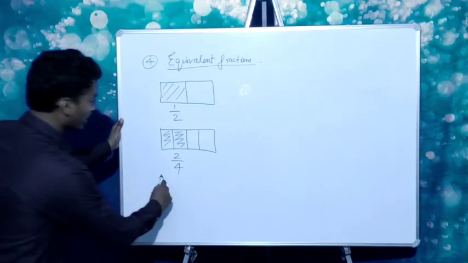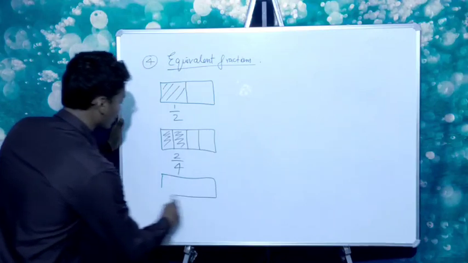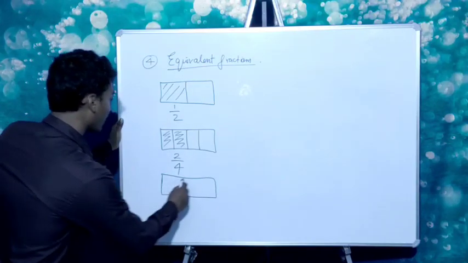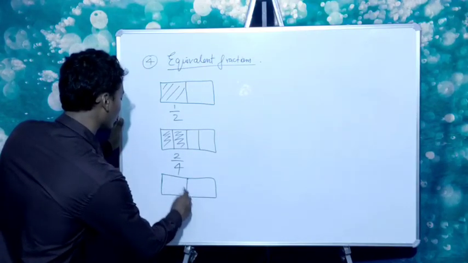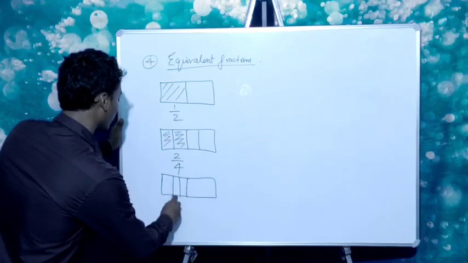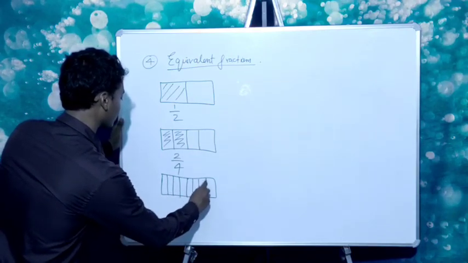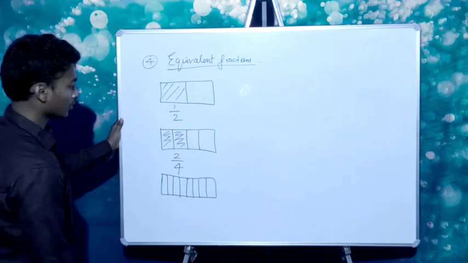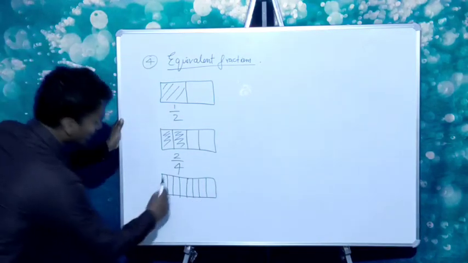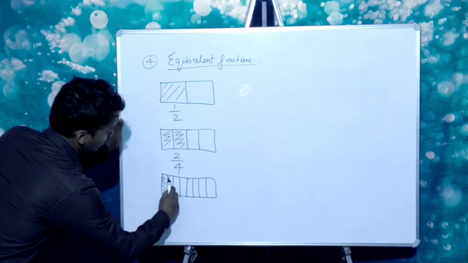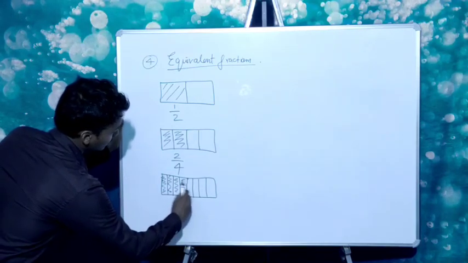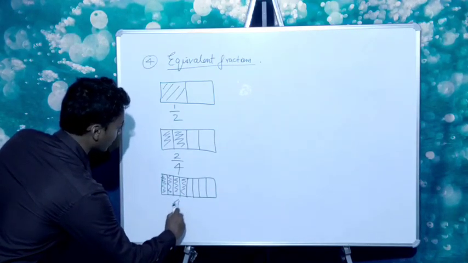Now let's take another rectangle of the same size and divide it into 8 parts. Here I'll take 4 parts out of the 8 parts.